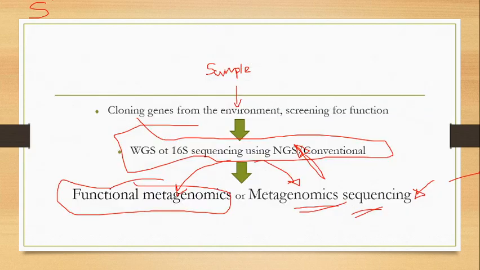While in metagenomic sequencing, the second kind, you will just get the idea of how many different microorganisms are present in a particular 1 gram of soil. We will see functional metagenomics and metagenomic sequencing in our next session, but at least you get the idea that in metagenomics we are going to understand microorganisms which are not culturable, but still are present in that particular environment.